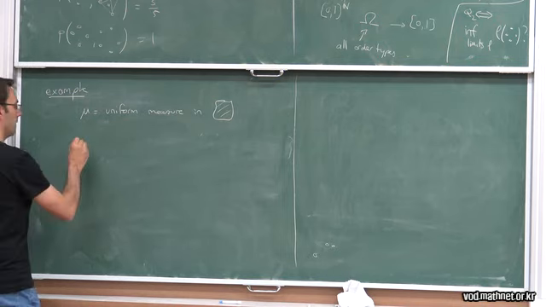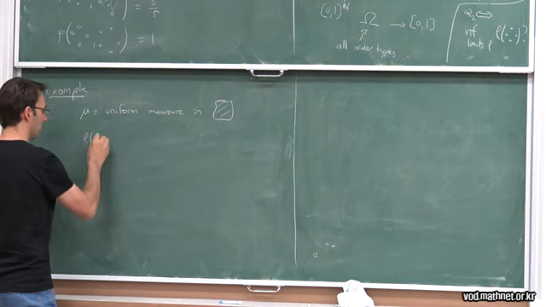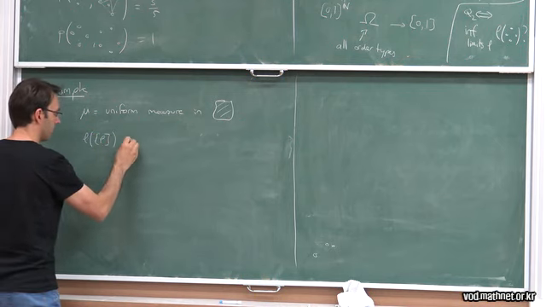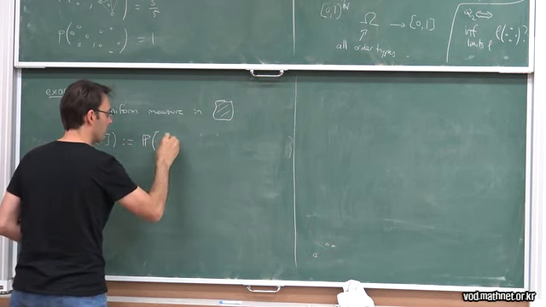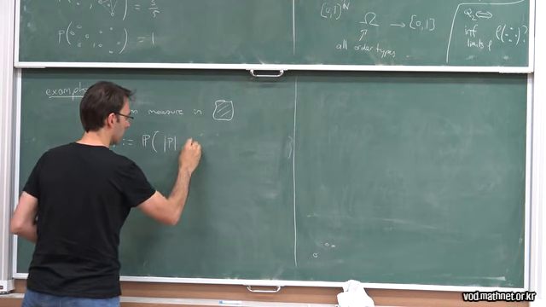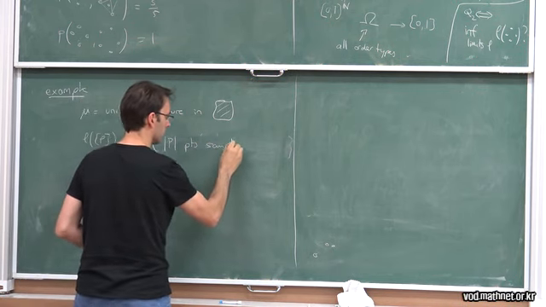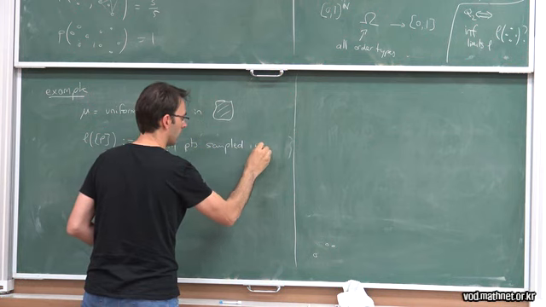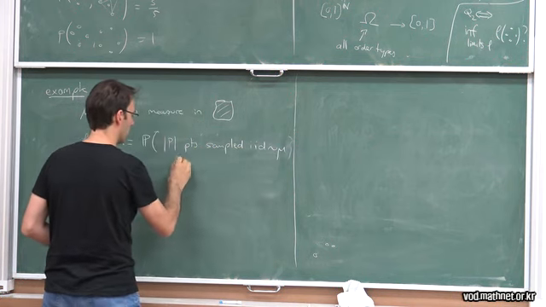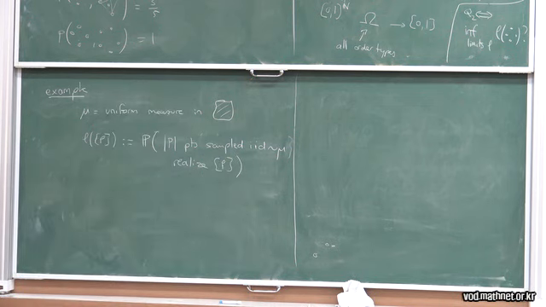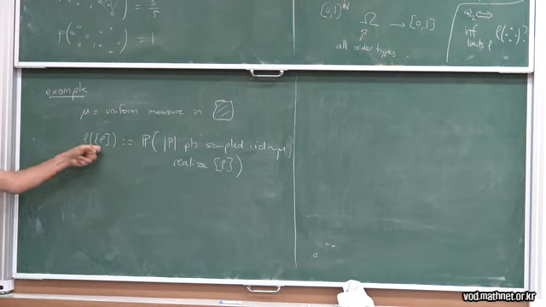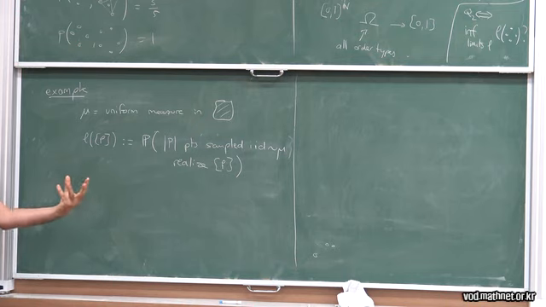And define L of P to be the probability that the right number of points sampled from mu realize P. So L of an order type is just the probability that when you sample the right number of points from mu, what you get is that order type.